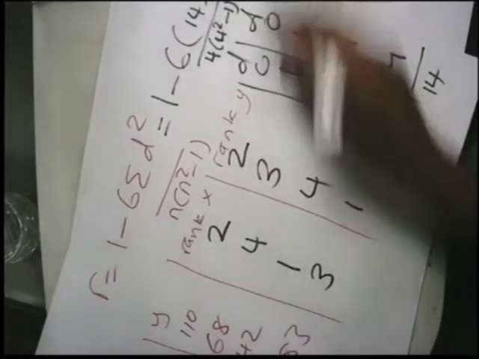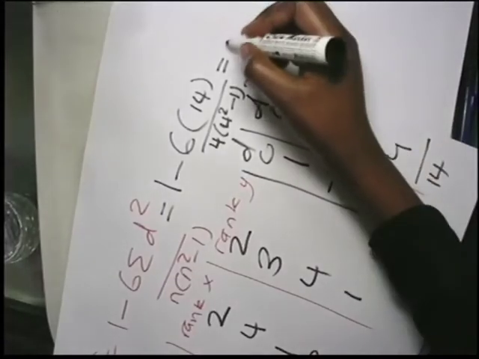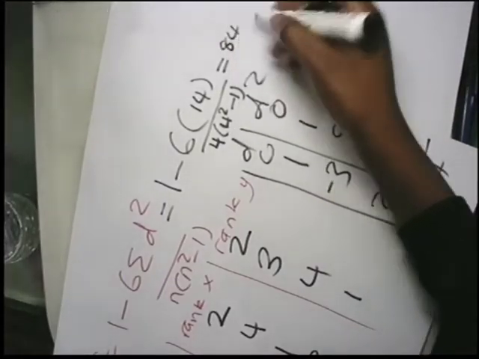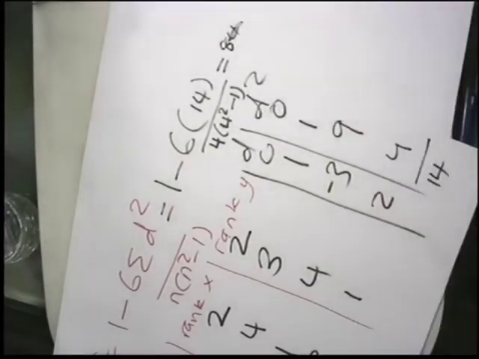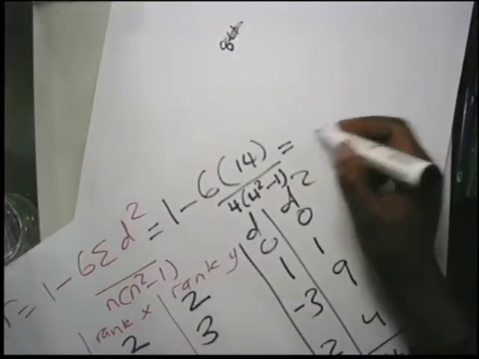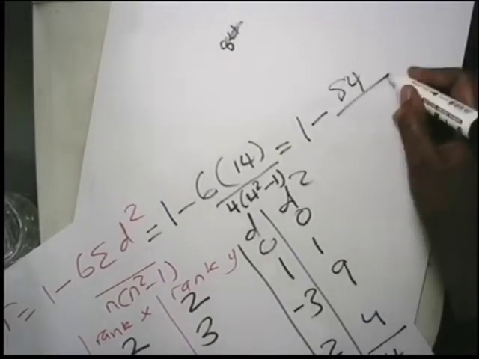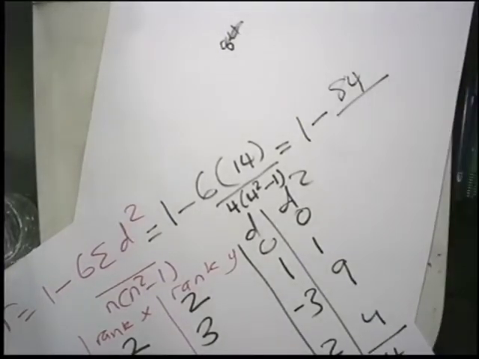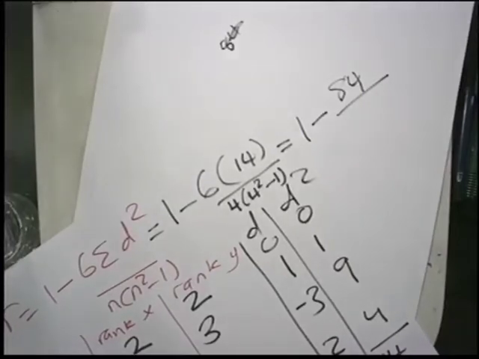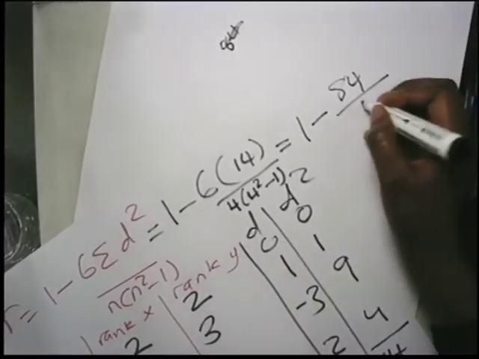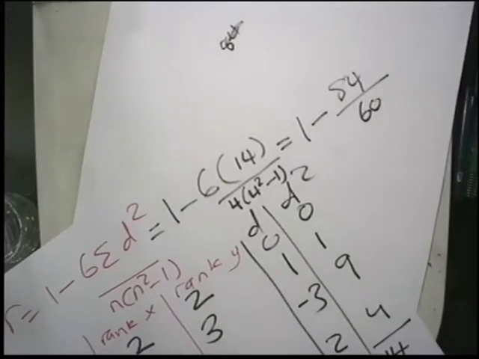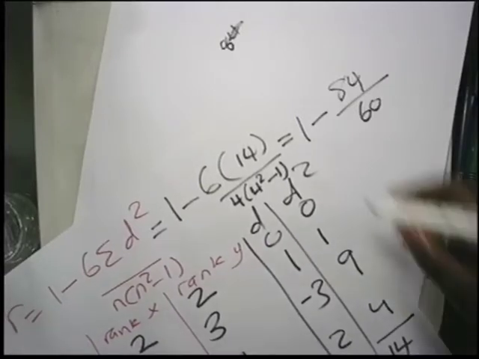So we are going to say it equals 1 minus 84 on top. Then 4 squared minus 1 will give us 60. Then 84 divided by 60 is 1.4.